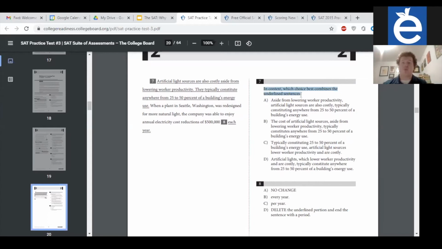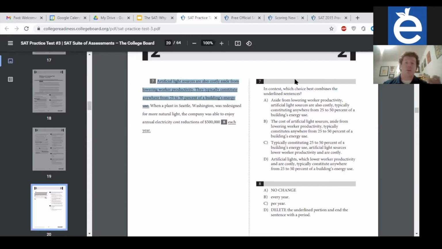In context, which choice best combines the underlined sentences? These questions, you want to read them separately and look for the information that overlaps. Then you want to look at your answer options, and anything where the overlapping information happens twice, so they keep the sentences separate, you want to eliminate.